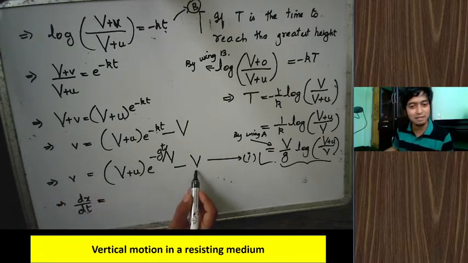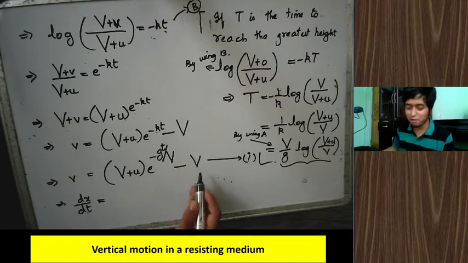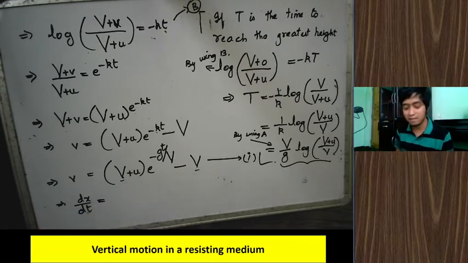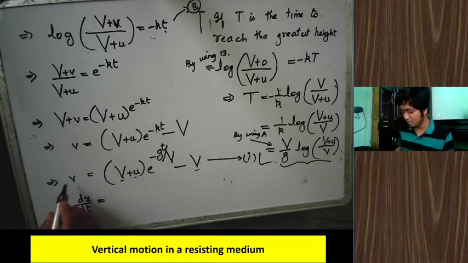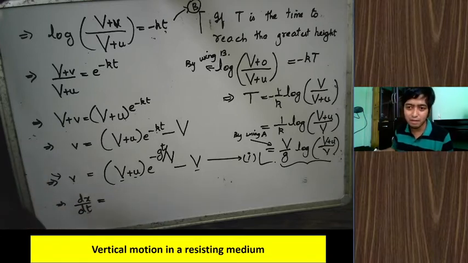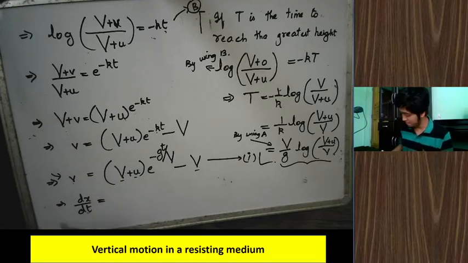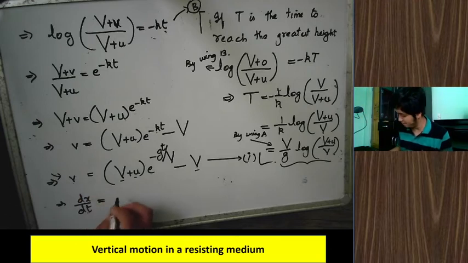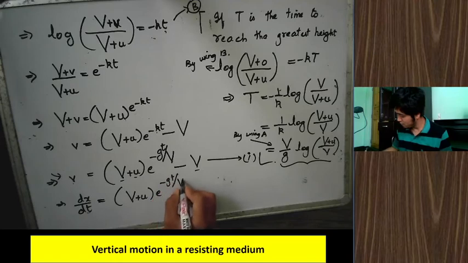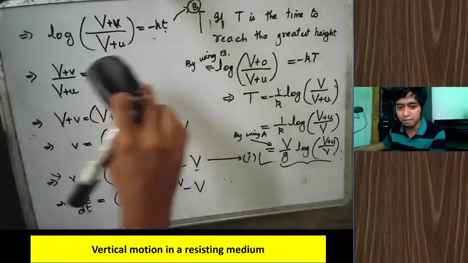For example, this capital V is a constant, so we don't need derivatives for this. Similarly, u is a constant, so you won't be requiring derivatives. But this one can change because it depends on the point P. When the point P changes its position, this velocity will also change. That is why I am using the derivative only for this small letter v. So this is what we will have.